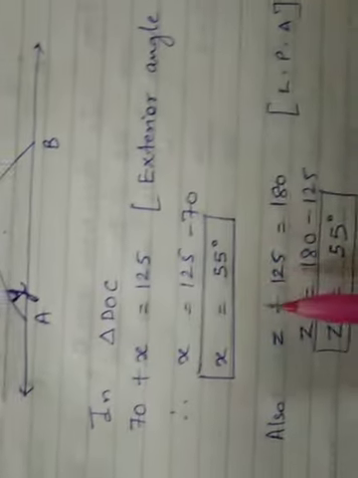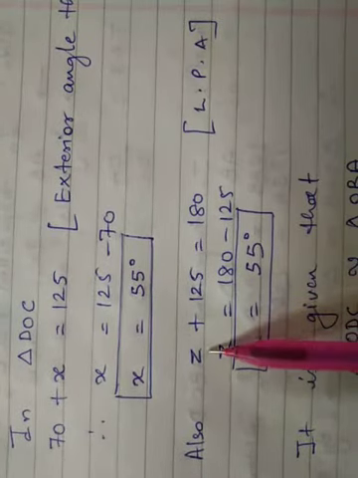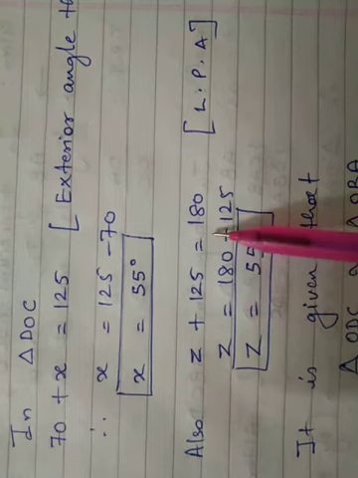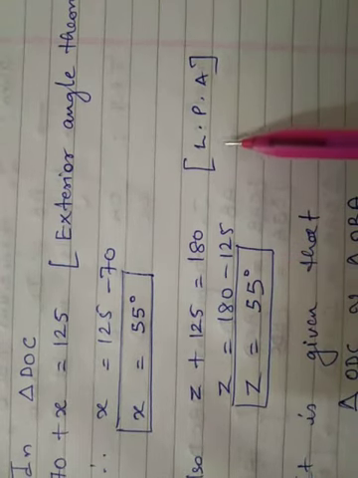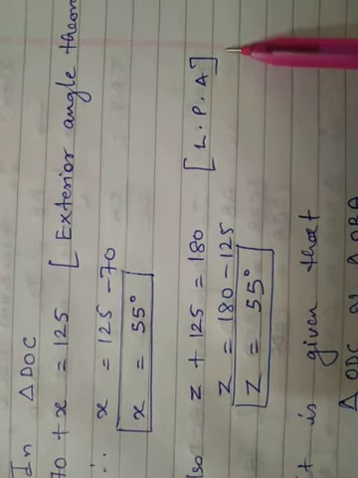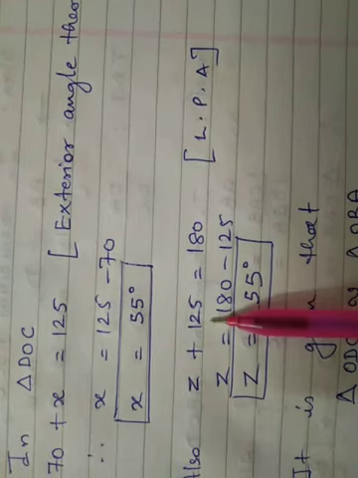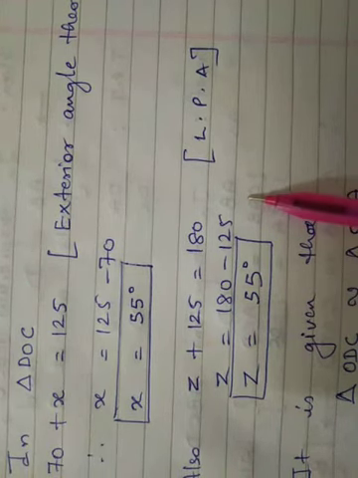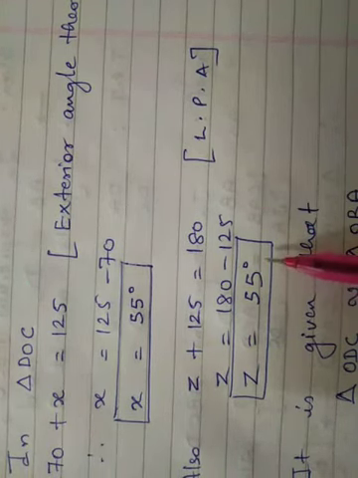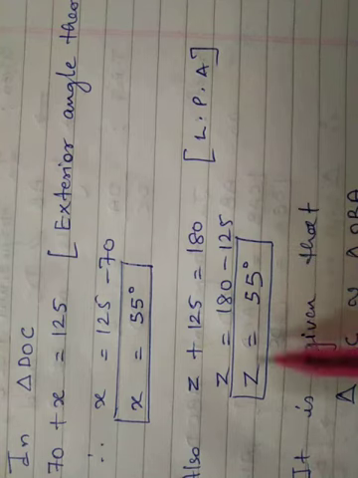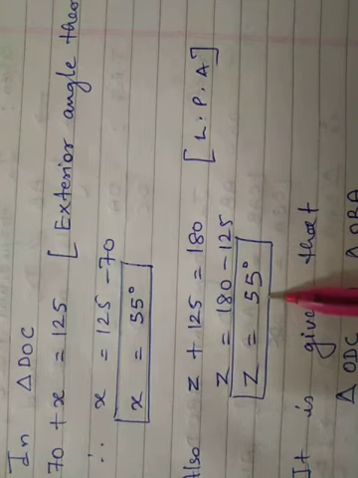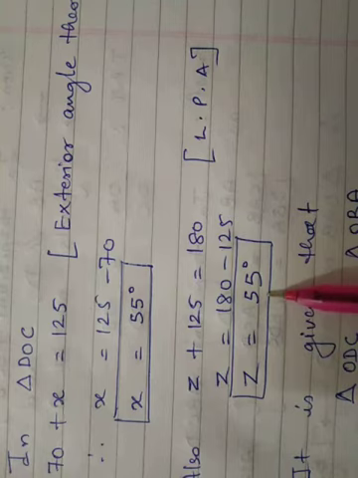So therefore I say in my diagram Z plus 125 is equal to 180, and the reason is linear pair of angles. So plus 125 goes to the other side and I got it as minus 125, that 180 minus 125 is going to be 55. So I got Z also as 55.